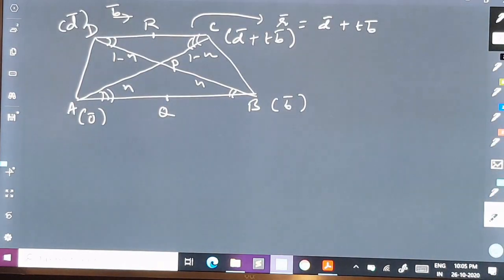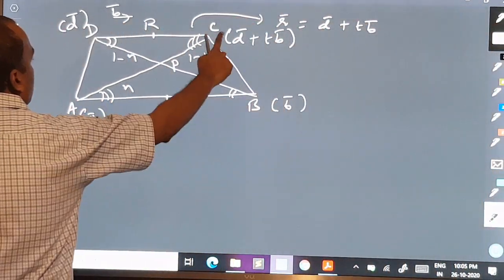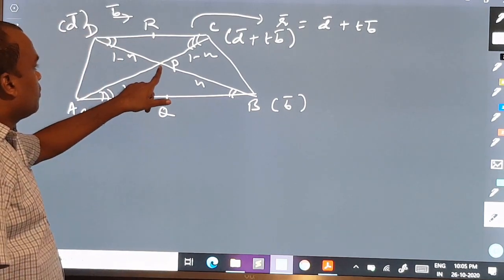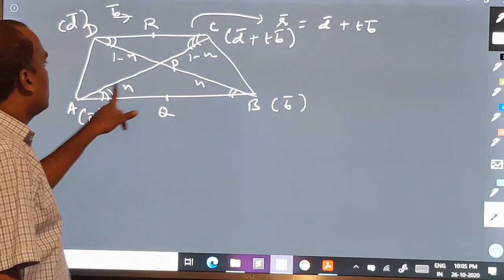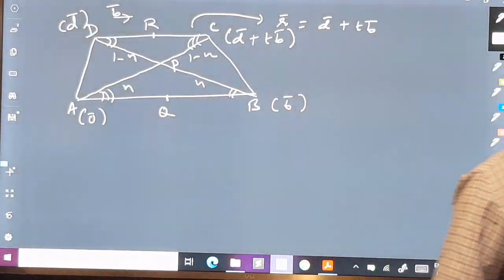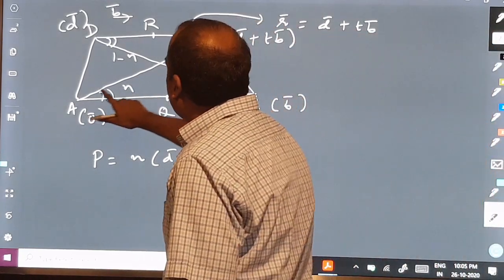Okay, and now we write P from this and from this. You see, we are assuming P is dividing this in the ratio n is to 1 minus n. Therefore, P will be n times D bar plus TB bar. And also, that is applying here.